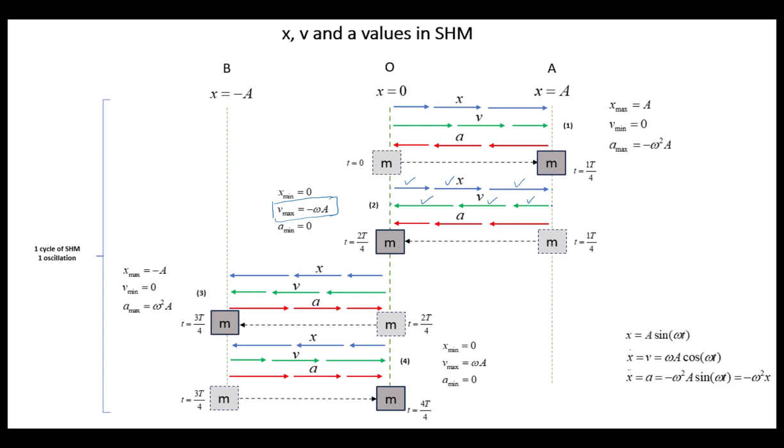Now, talking about the acceleration, at the point A, when it started, it had the maximum acceleration, given by minus omega square A, and as it moves towards the left hand side, as we see by the length of the arrow segment, the length goes on reducing, which means acceleration goes on reducing.